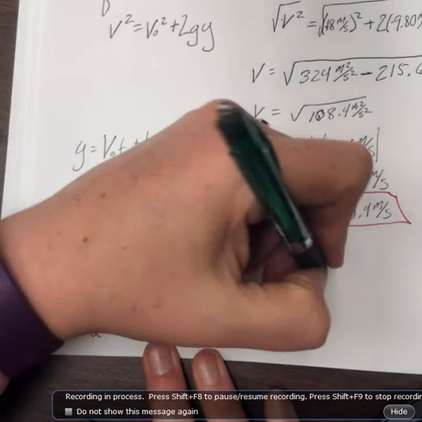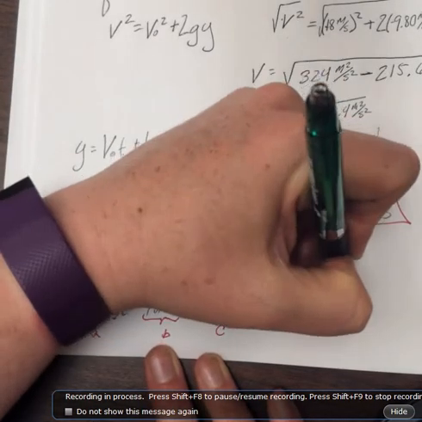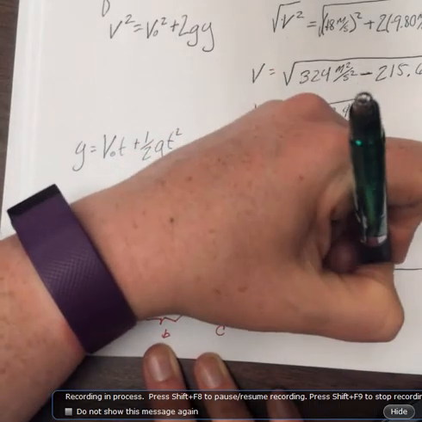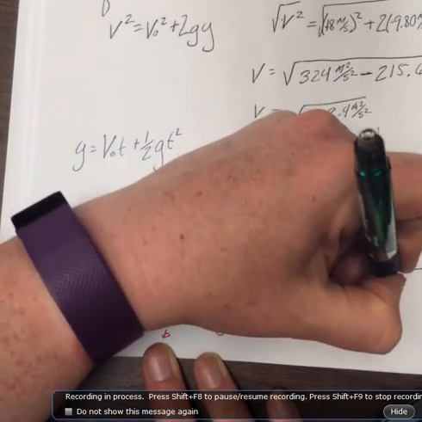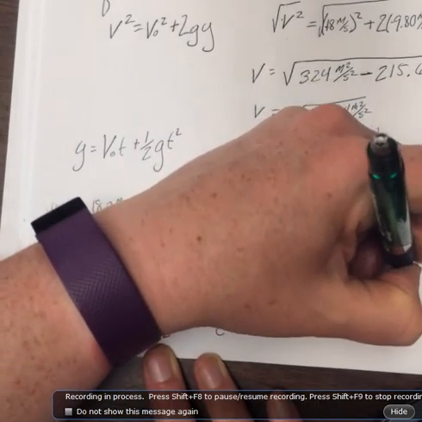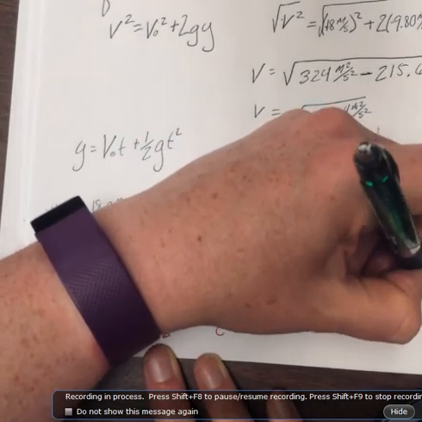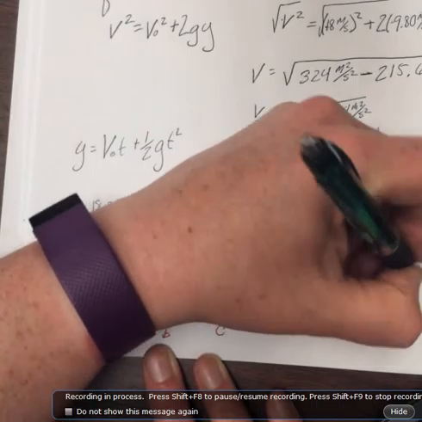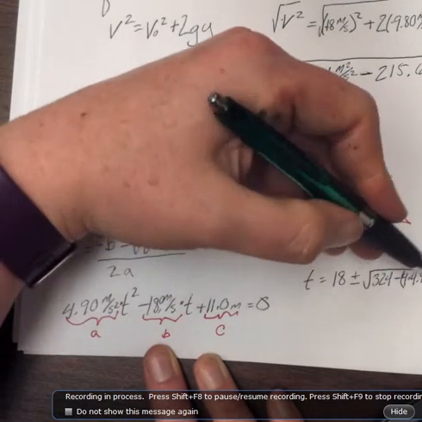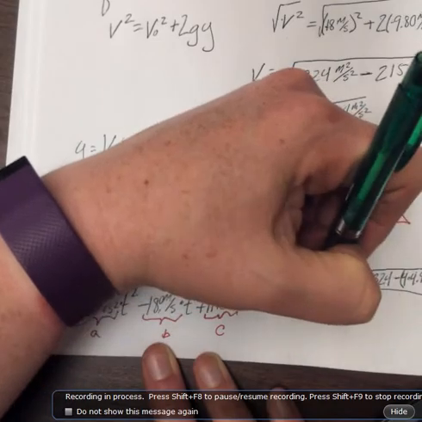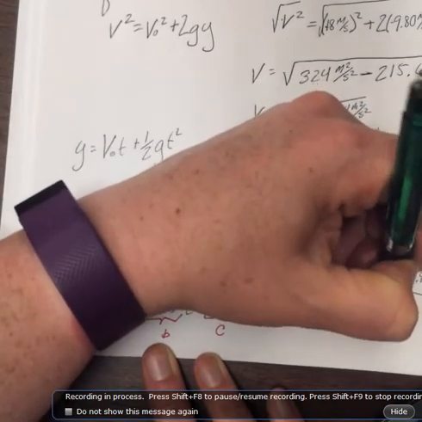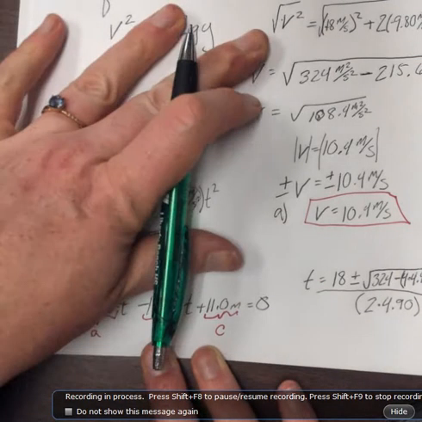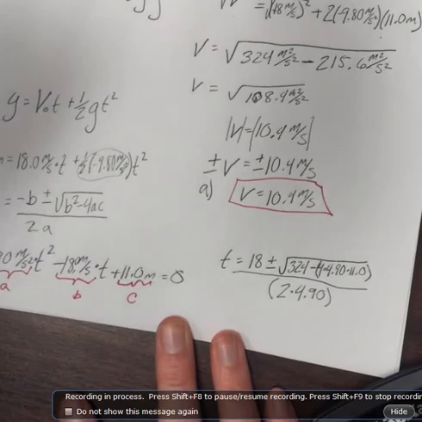Let's set it up so that t equals 18 plus or minus the square root of 18 squared, that's 324, minus 4 times 4.90 times 11.0, that's 4ac, all over 2 times 4.90, 2a.